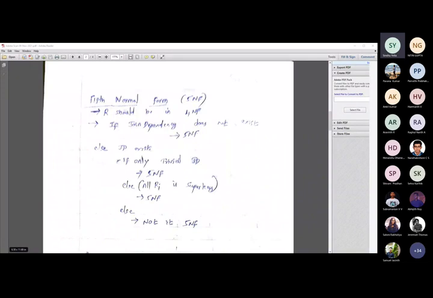And for a relation to be in 5NF, it should meet the requirements of fourth normal form, and there should not be any join dependency between the attributes in a relation. So it should be a non-additive join, right? So whenever you decompose a relation into smaller fragments, and if you perform natural join of the fragmented relations, you should be able to get back the original relation without any additive information. Then we say that it conforms to the fifth normal form.